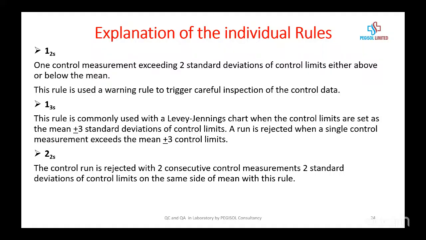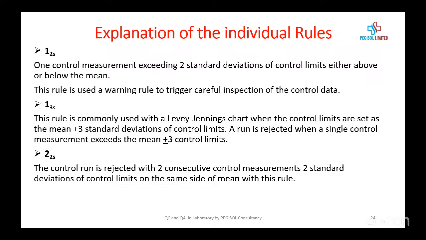For the 1-2S rule, we say that when one control measurement exceeds two standard deviations of the control limit, either above or below the mean, that is the 1-2S rule. So if one of the controls you did is more than two standard deviations, it has violated what we call the 1-2S rule. Now, this rule is a warning rule to trigger careful inspection of the control data.